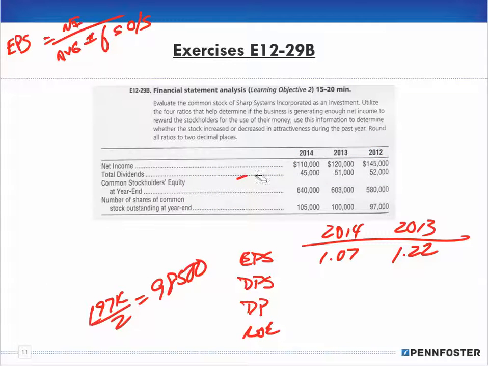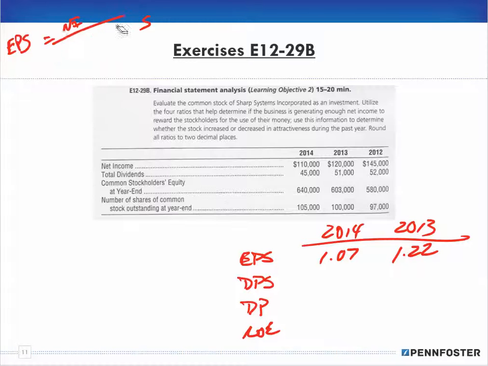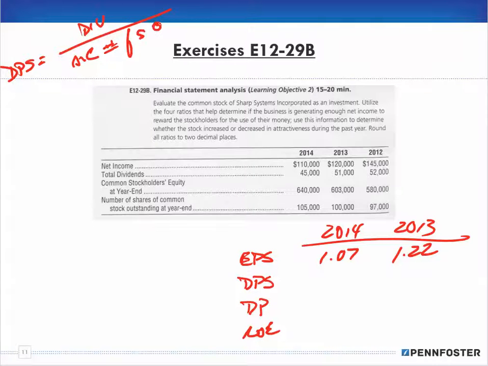So that was earnings per share. All right, dividends per share. Dividends per share is equal to my dividends over my average number of shares outstanding. Okay, so all we're really doing here is the difference between the earnings per share and the dividends per share is the number in the dividend.